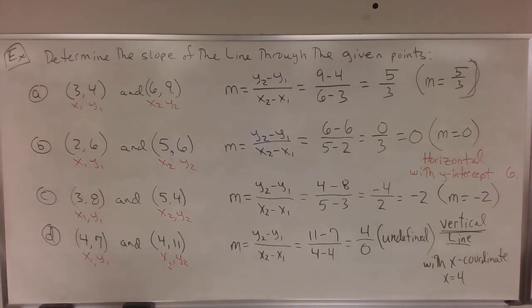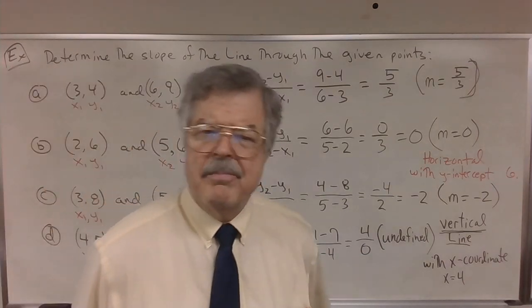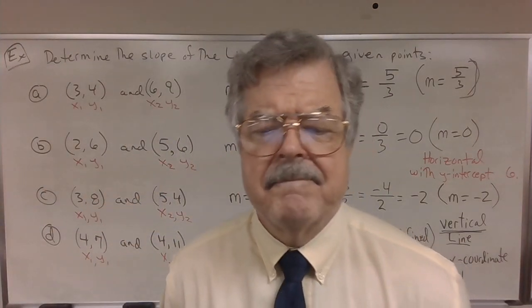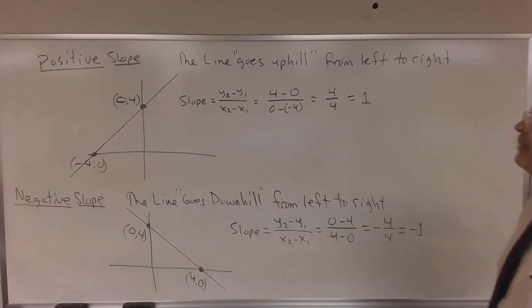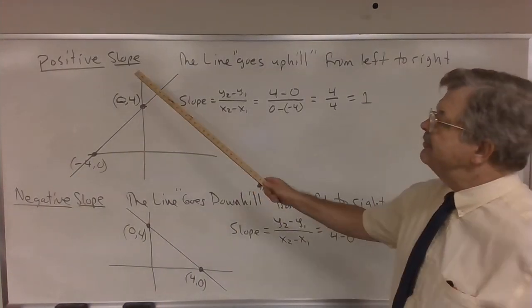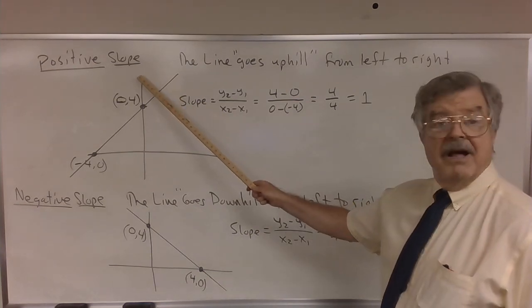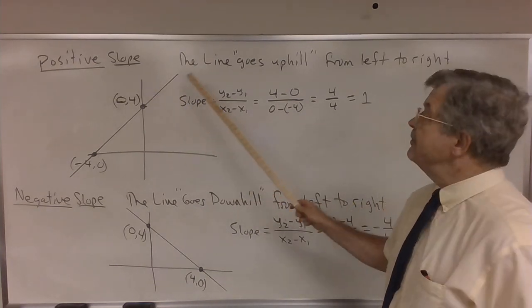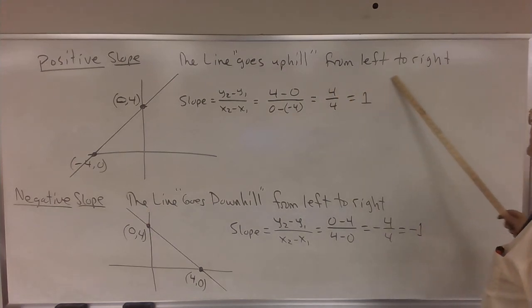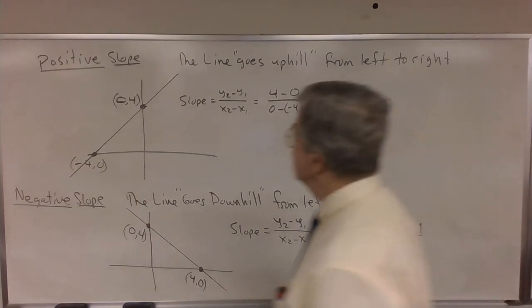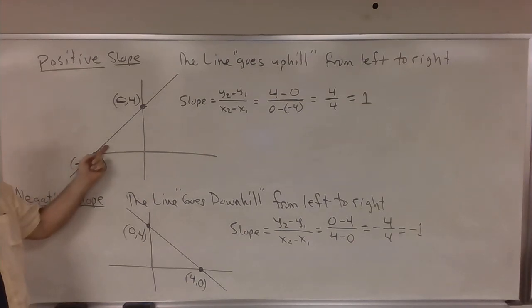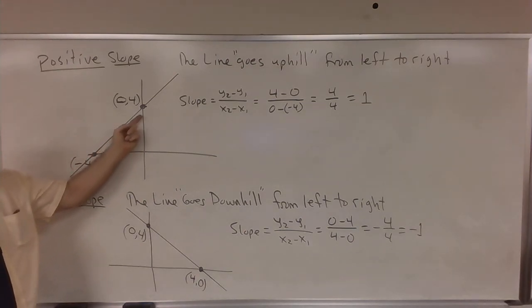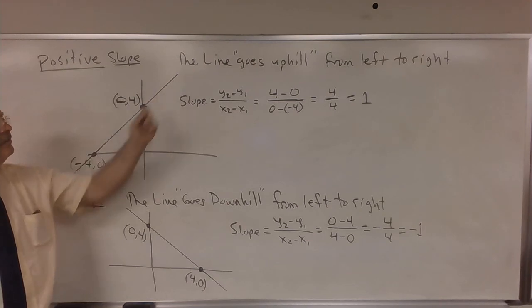Something else I should mention. I did mention positive slope and negative slope, didn't I? Okay, here's a couple of examples. Positive slope. Any line that has positive slope goes uphill from left to right. So here's a line that has positive slope. As we move along the line from left to right, the line goes uphill.